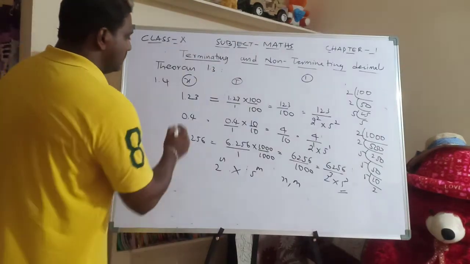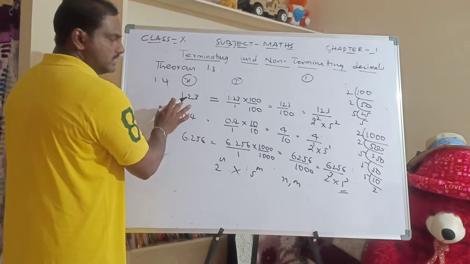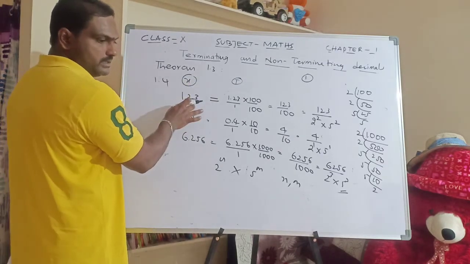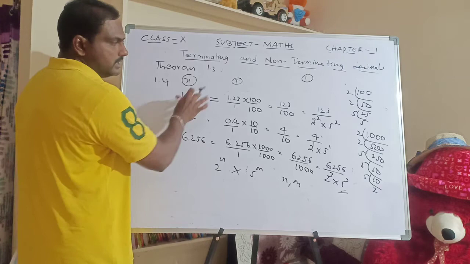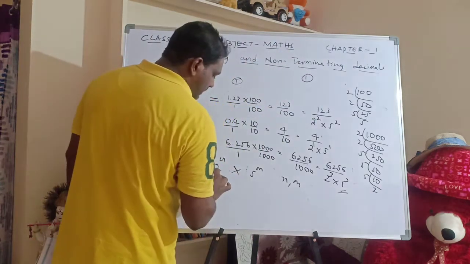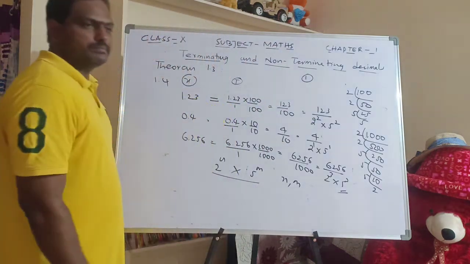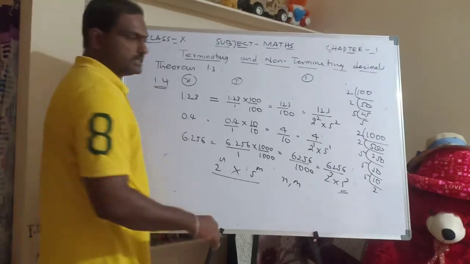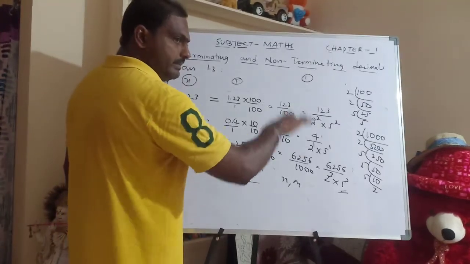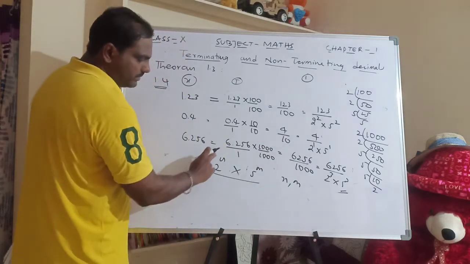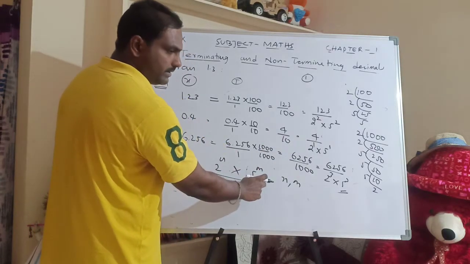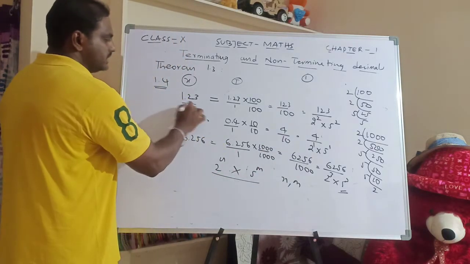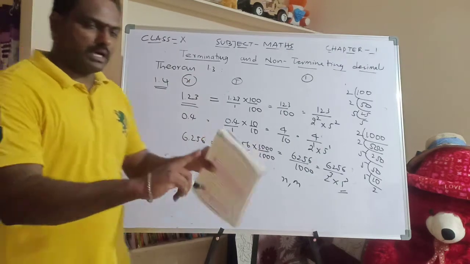So the first theorem says that if it is a terminating decimal, its denominator can be written in the form of 2 power n, 5 power m. Theorem 1.4 says if any number's denominator is written in the form of 2 power n into 5 power m, it is a terminating decimal. Both are the same.